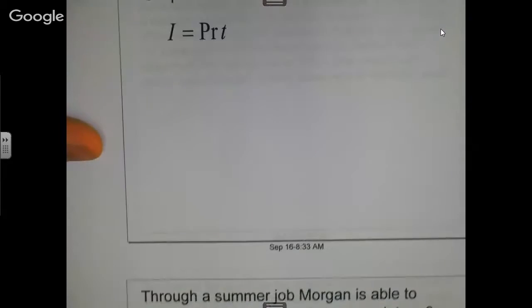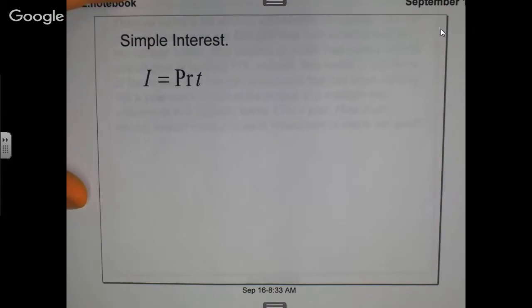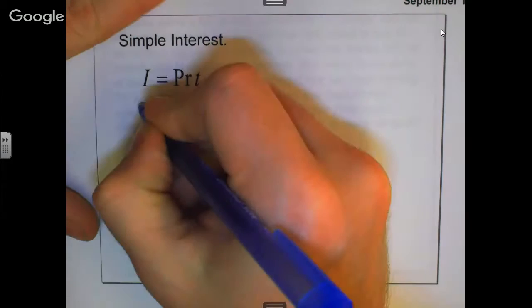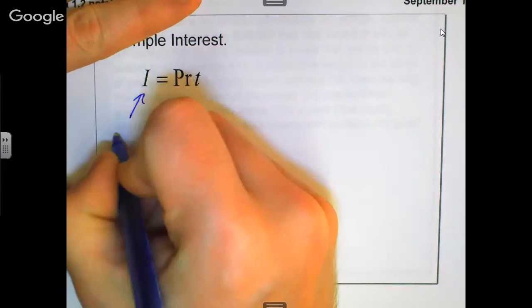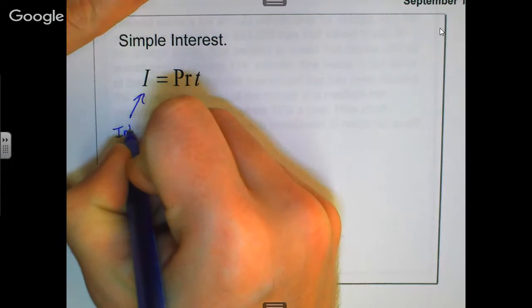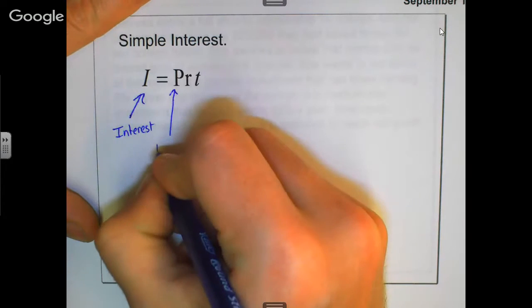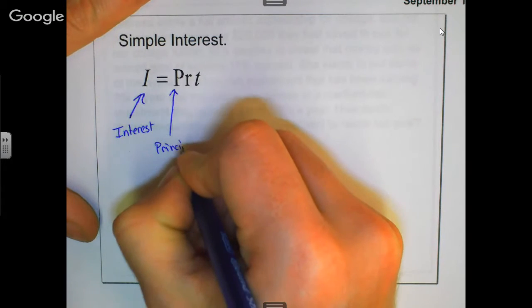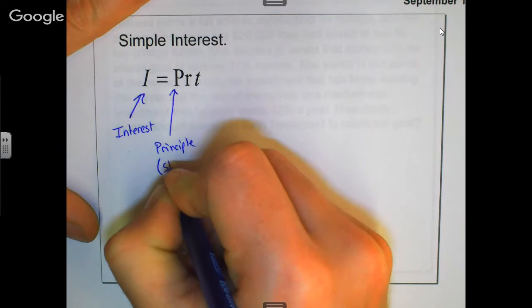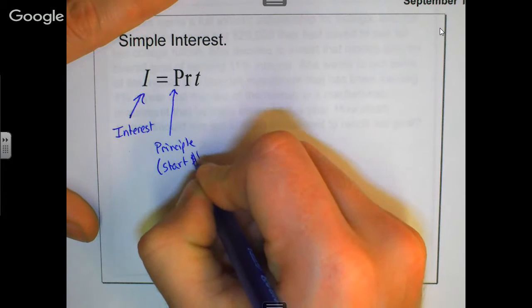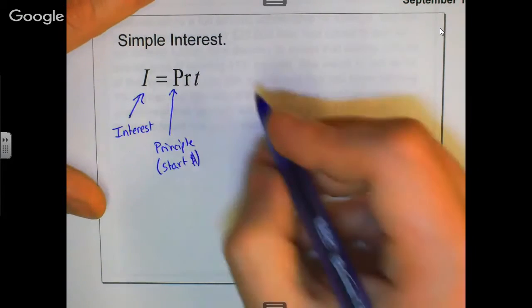Simple interest. All right, so I have I is your interest. P is going to be your principal, or your start amount.